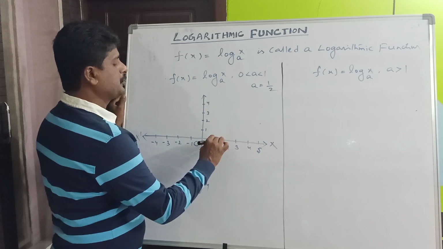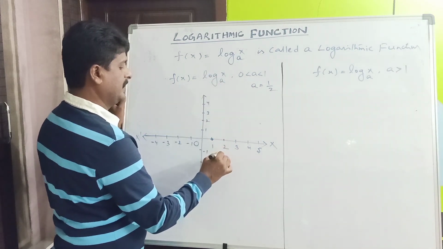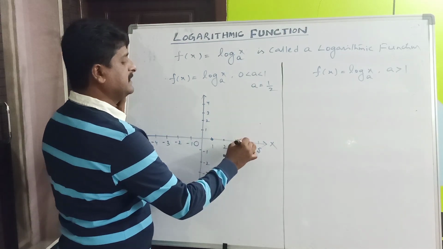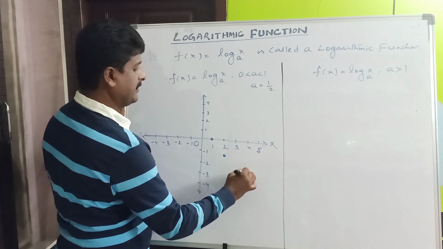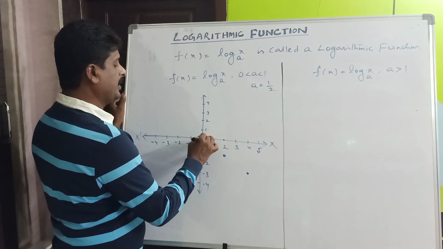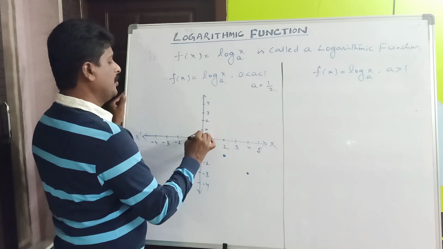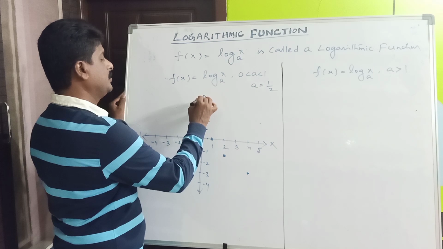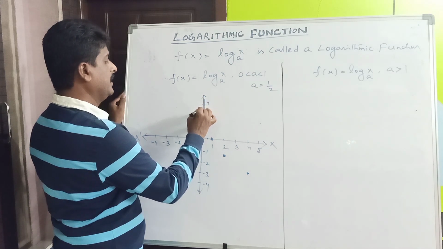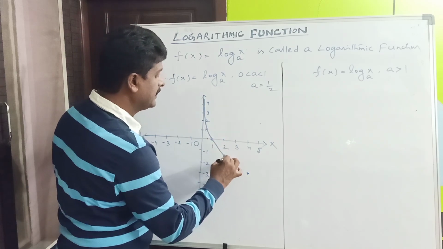Put x equal to 2: it becomes log 2 base 1/2, which is minus 1, somewhere here. Put x equal to 4: it is minus 2, somewhere here. Put x equal to 1/2: it is 1. For 1/4, it is 2. For 1/8, it is 3. So this will be the graph of a logarithmic function in this case.